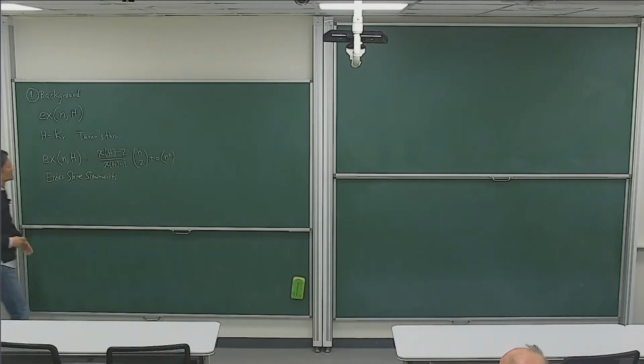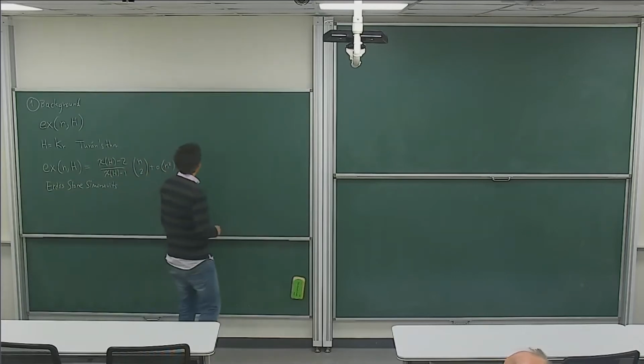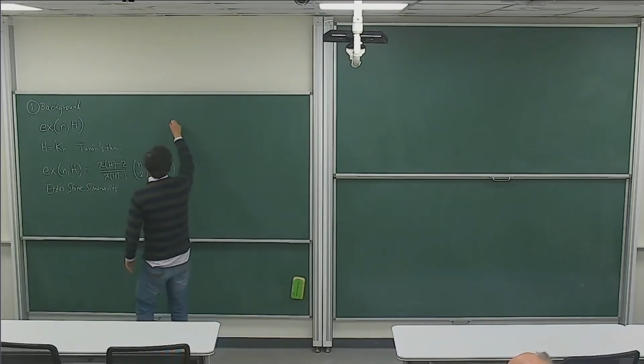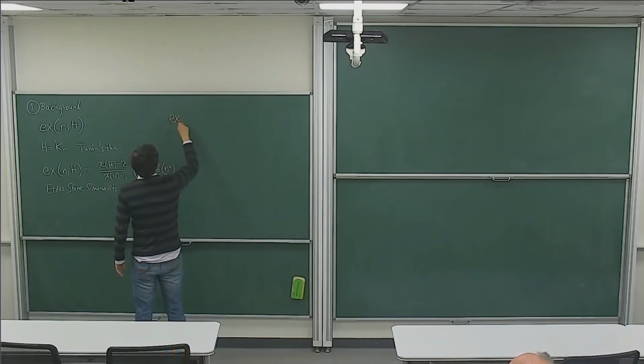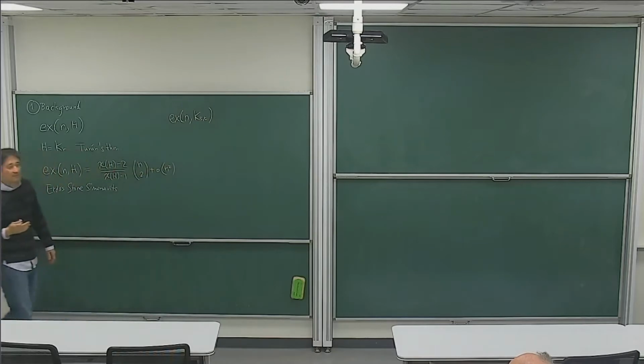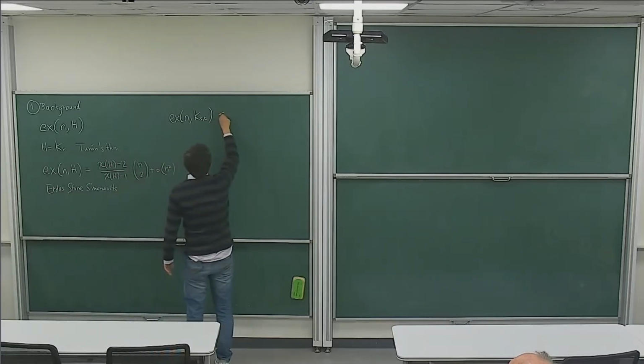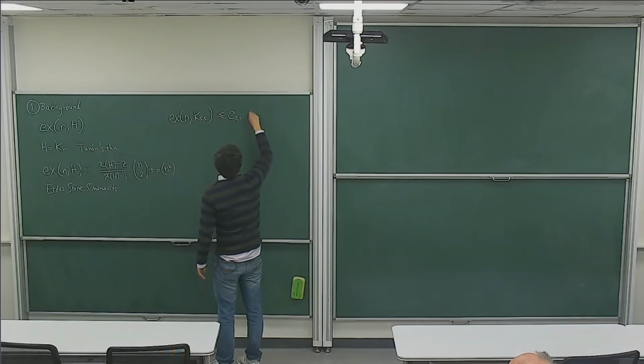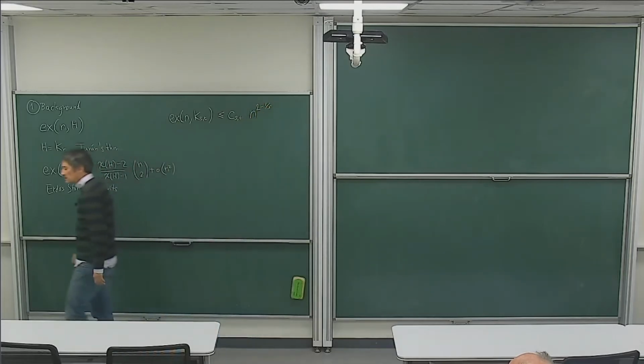But there is a case when you have K_{s,t}. This is the complete bipartite graph, with s vertices on one class and t vertices in the other one. And in this case, it is known that this is some constant times n to the 2 minus 1 over s.